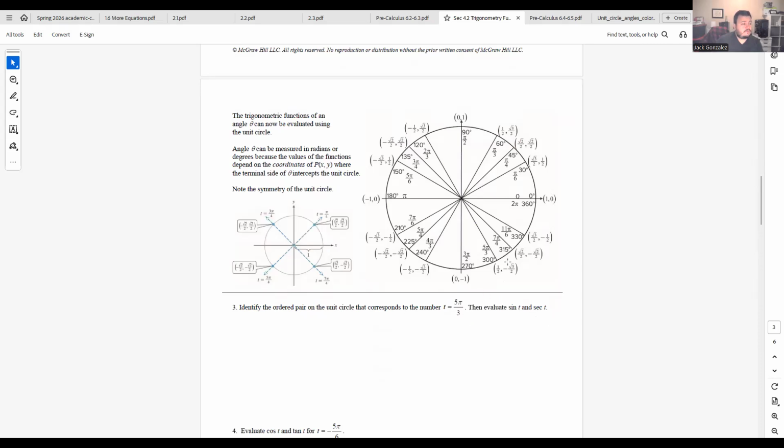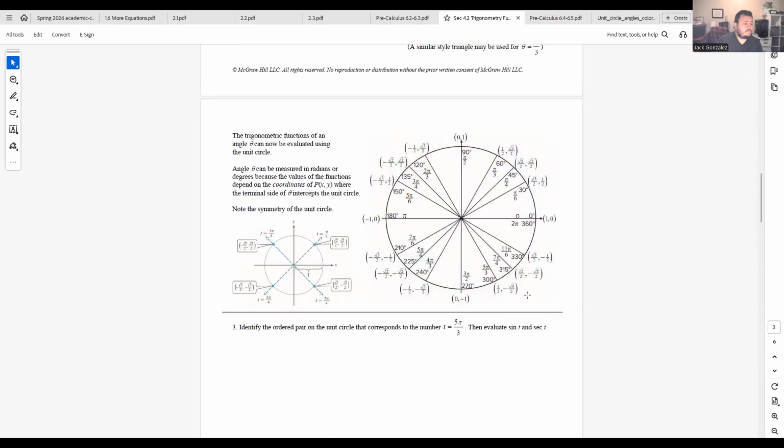So where's pi over 3? 5 pi over 3, right here, 300 degrees. So the sine would be the y value, root 3 over 2. And secant, we said, is 1 over cosine. So you would take the x value and take the reciprocal, because secant is the reciprocal of cosine, which is 1 over x, right?